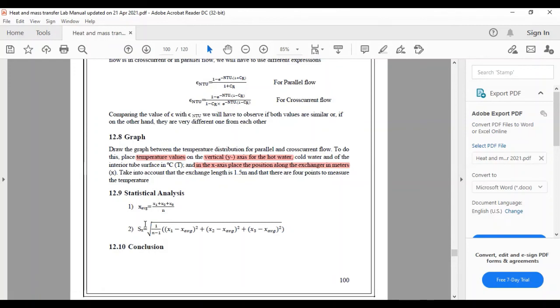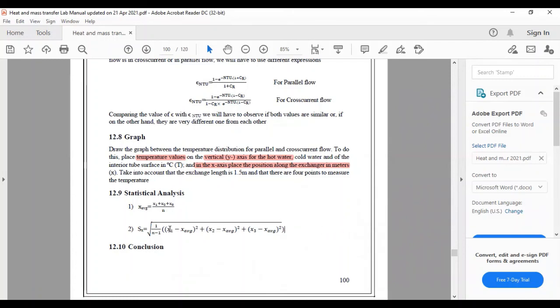Similarly, we want to calculate the standard deviation. Its formula is the first value minus the average value we have got here. X1 represents the first value of U, X2 the second value, X3 the third value, and there is a fourth value also, so we will add another term here.